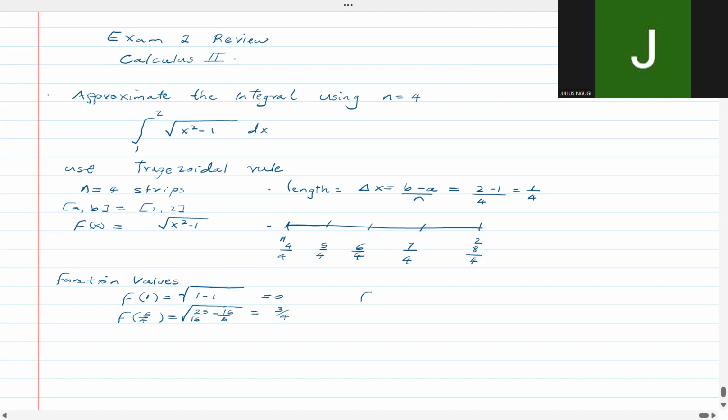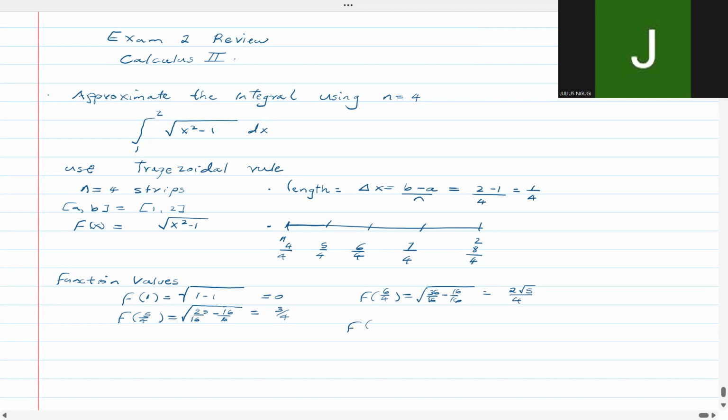We find f at 6 over 4, which is the square root of 36 over 16 minus 16 over 16 again. That becomes 20 over 16, and the square root becomes 2 root 5 over 4.